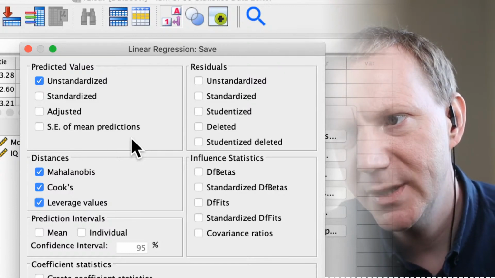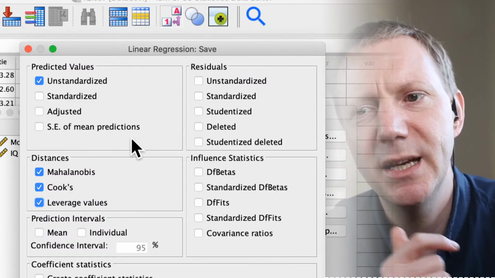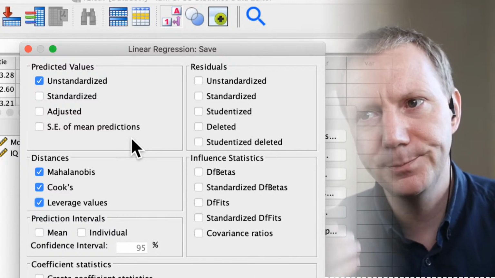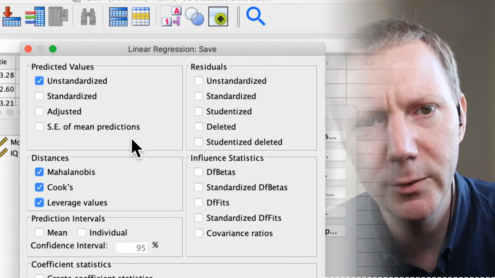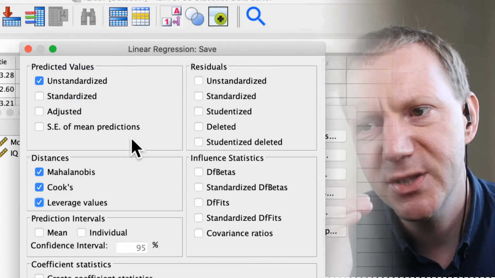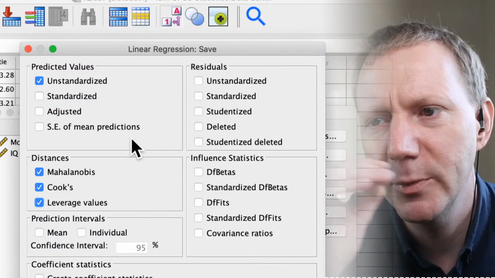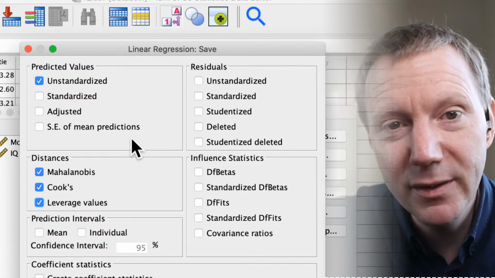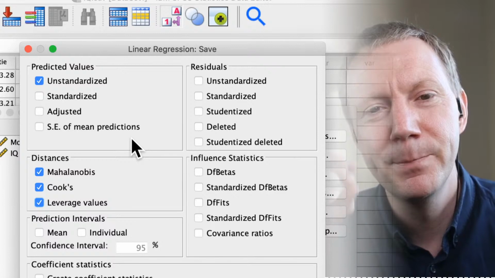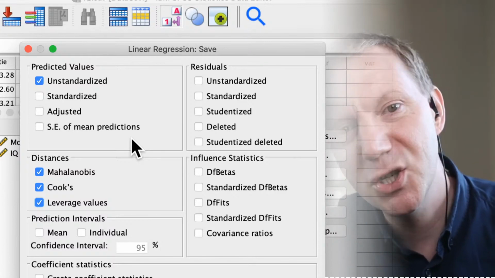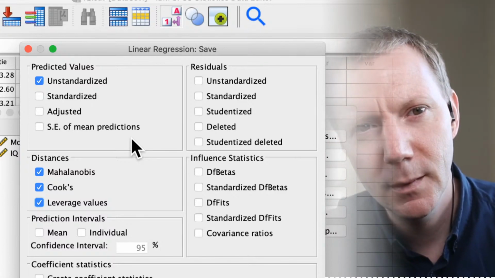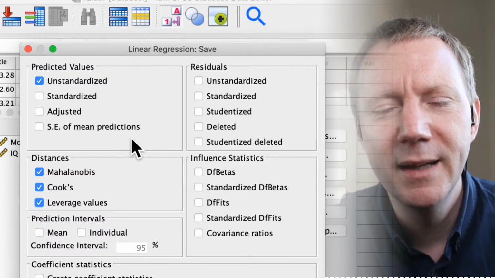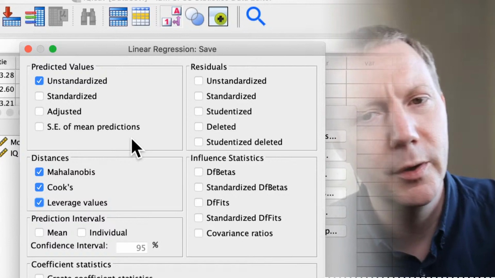SPSS also gives you a diagnostics overview to see the lowest and the highest Mahalanobis value, Cook's distance or leverage, and if even the highest of these values is lower than your threshold, which is indicated in Field, then there isn't anything to worry about.